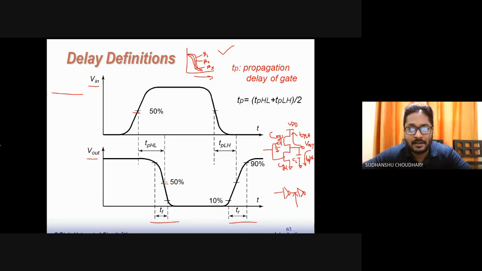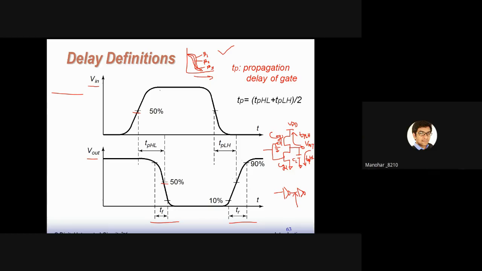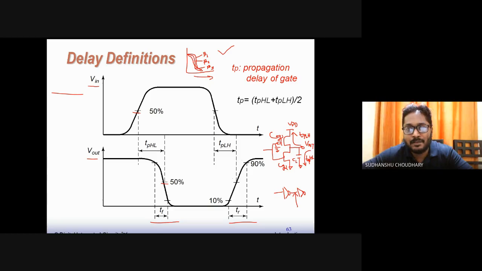But to this point, you can say there is a very minimal change in the VTC when the capacitances change. But when the device size ratio, beta P by beta N, that is W by L of MOSFET P and N, changes, then the VTC is largely affected.